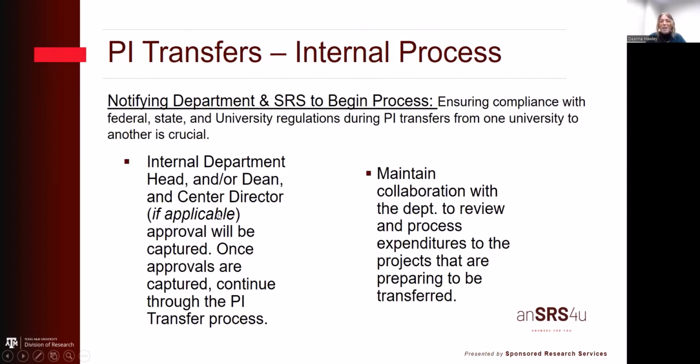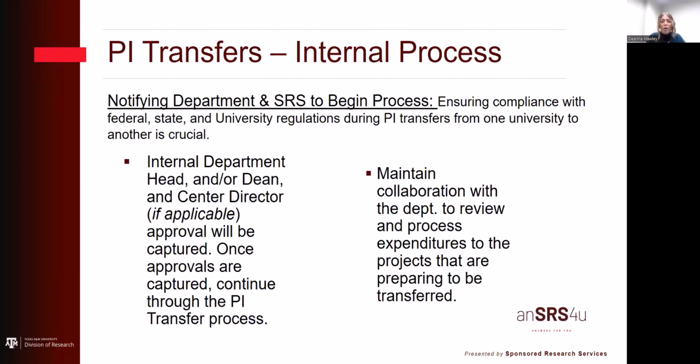The second step, notifying the department and SRS to begin that process to ensure compliance with our federal, state, and university regulations and procedures during a PI transfer, is another crucial and pivotal moment. Once we identify that a faculty member is transferring, we will start with our internal stakeholders.